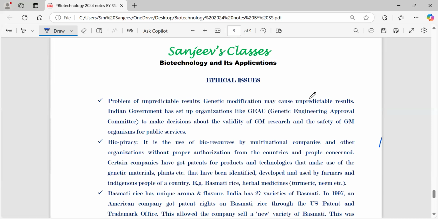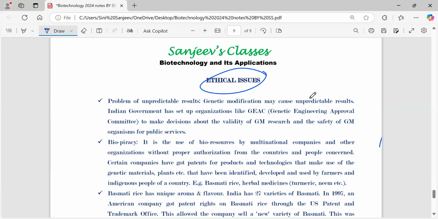Even lately there are rumors that those who have taken 1 or 2 shots of the corona vaccines are still getting heart attacks and dying. So all these myths are still there, right? All these things come under ethical issues.